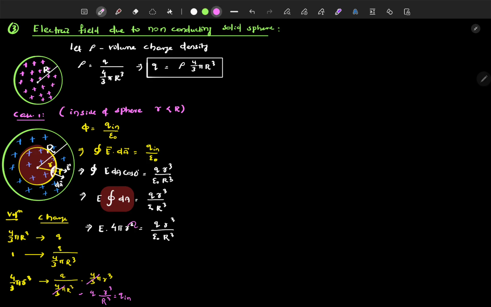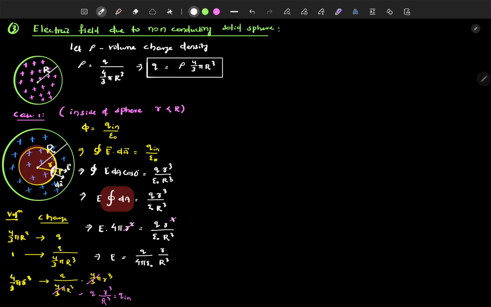After solving, r square cancels, and small r remains. So the value of E will be Q divided by 4 pi epsilon naught, into small r divided by capital R cubed.